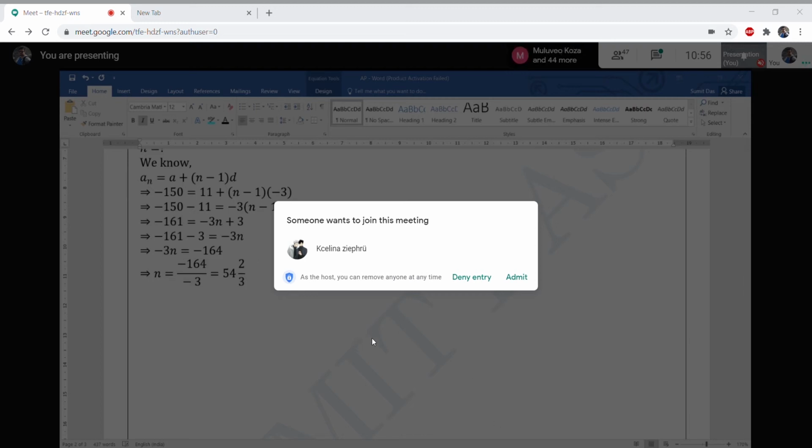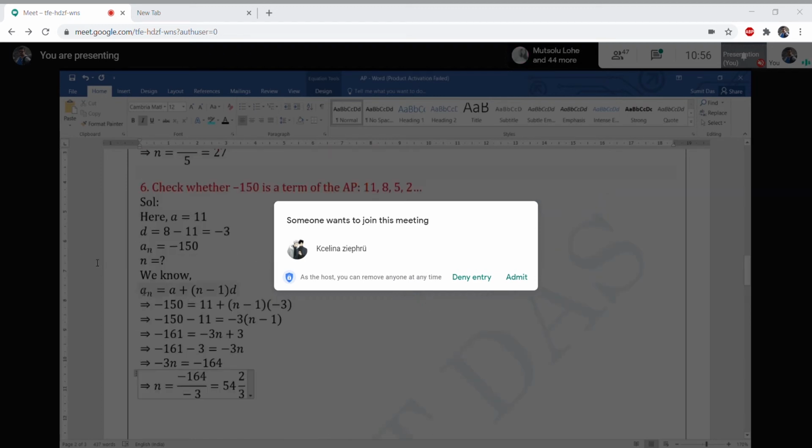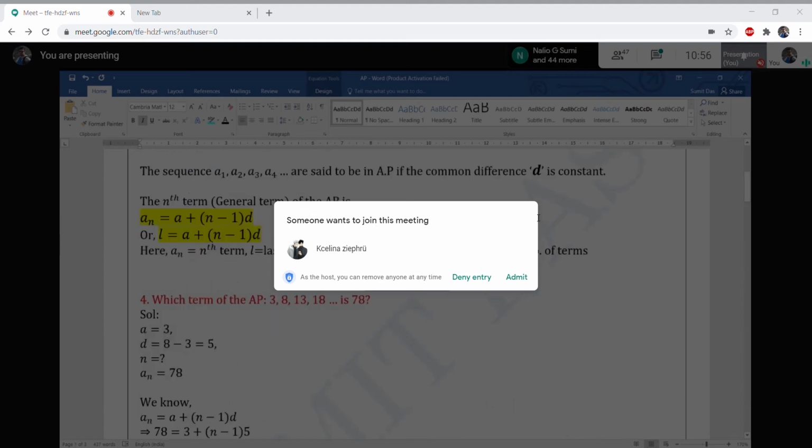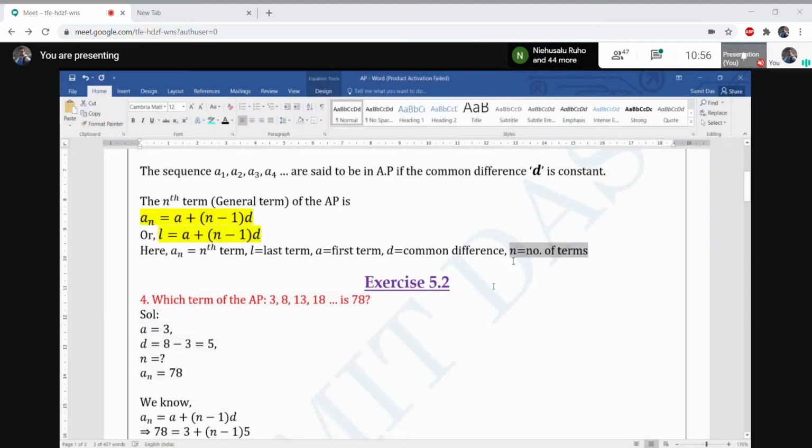The thing is that in this equation, what is n? Let's see the formula again. What do you mean by n? n is the number of terms. The number of terms cannot be negative, cannot be a fraction.